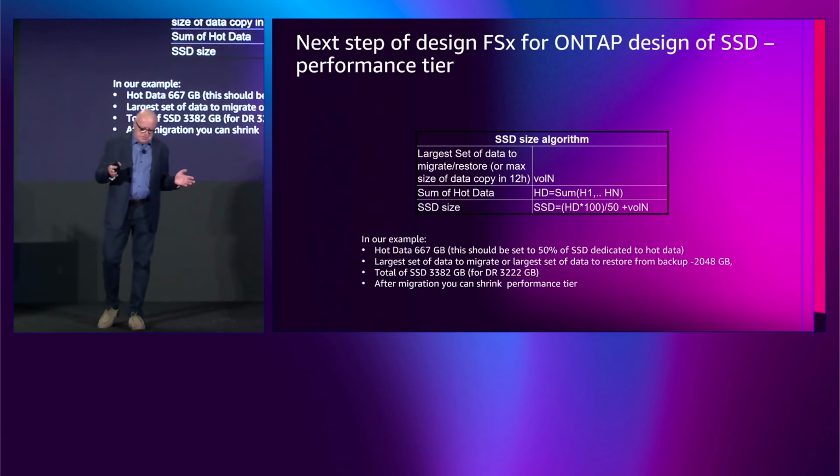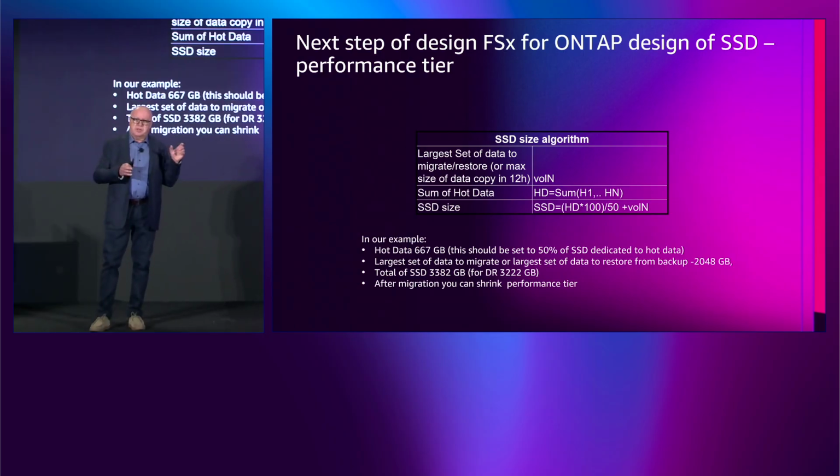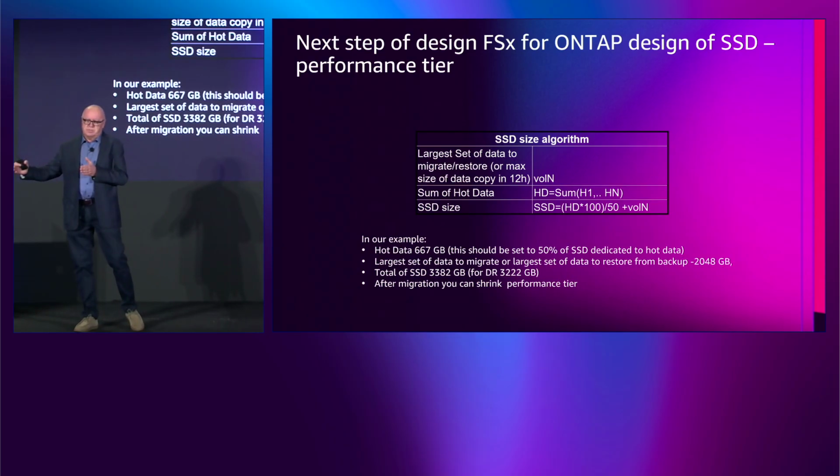And SSD size should be all the hot data plus 50%, because what happens with the auto-tiering is that the first data goes to SSD, and we should have 50% available after we write all those hot data.